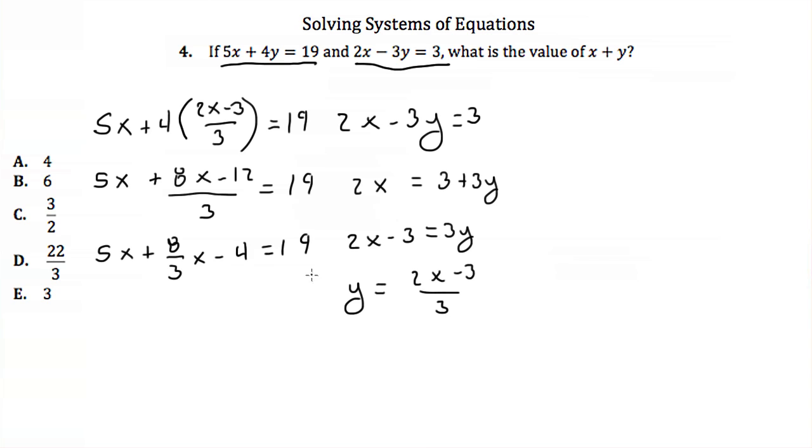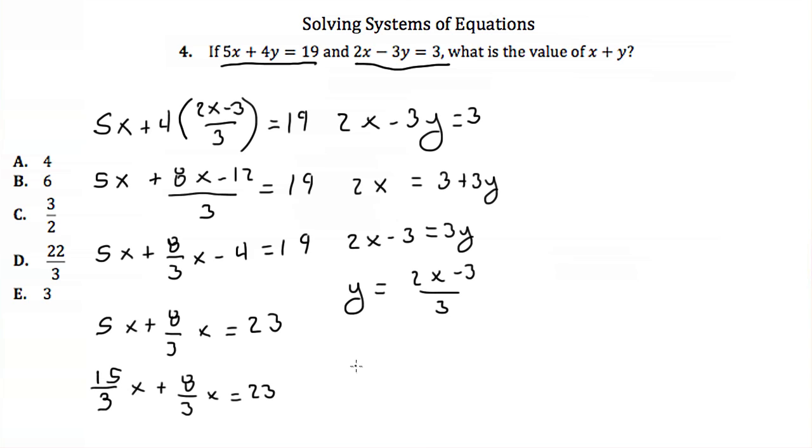I'm going to add 4 to both sides. So I'll have 5x plus 8/3 x is equal to 23. Now 5 is the same as 15/3, so 15/3 x plus 8/3 x is equal to 23. And since these have a common denominator now, I can add the numerators and combine my like terms.